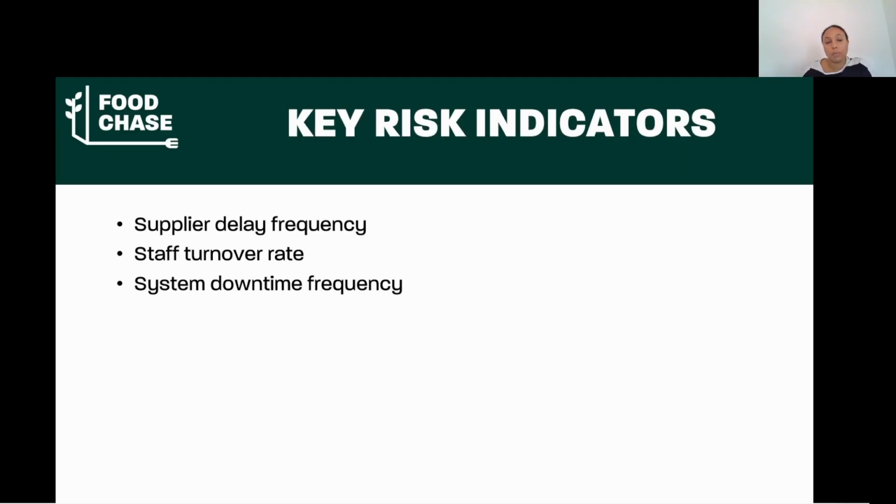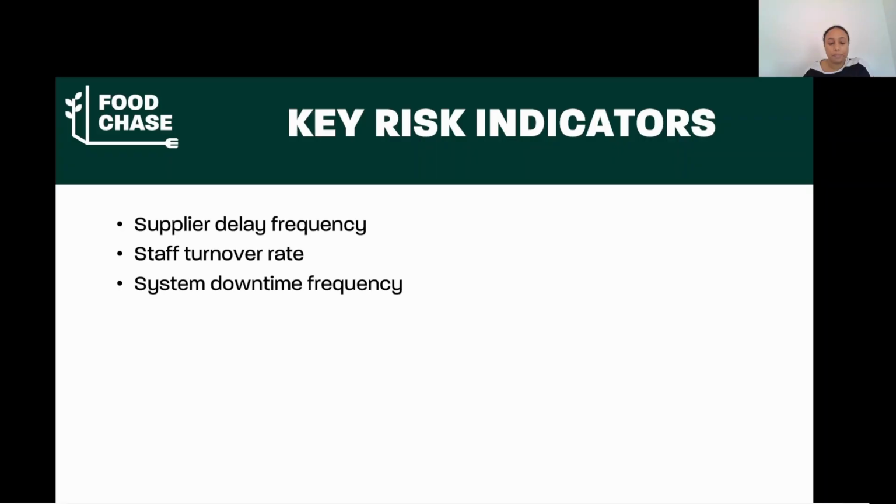So the final concept worth highlighting is the key risk indicators, or the KRIs. These are metrics signaling risk before a problem becomes a crisis. Three important examples in food operations are supplier delay frequency, which means if our supplier's deliveries get delayed frequently, there is a future risk waiting to happen.